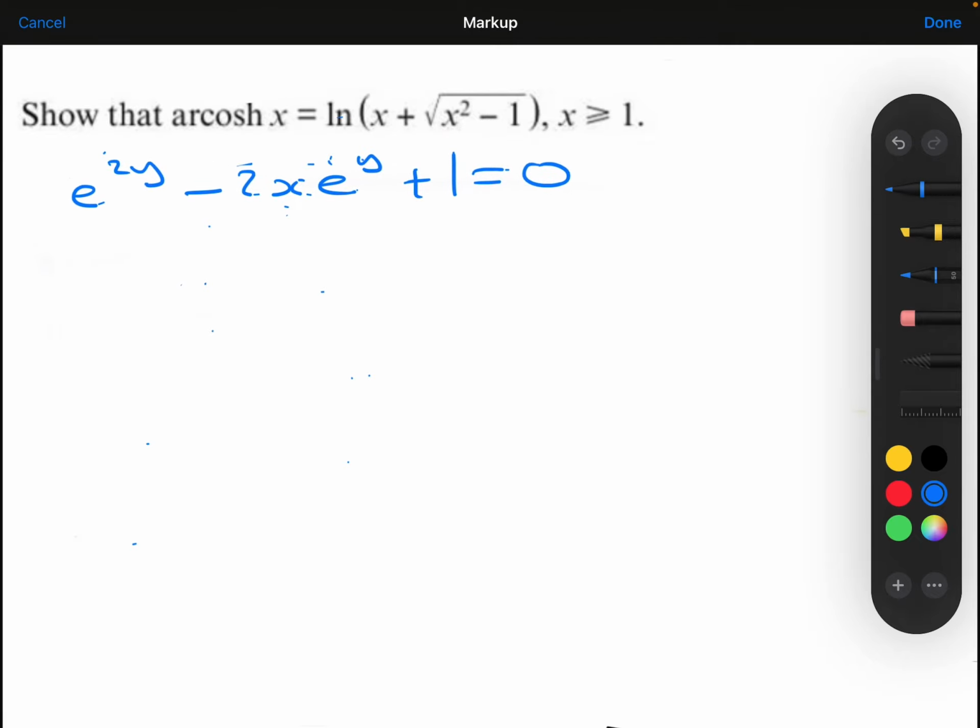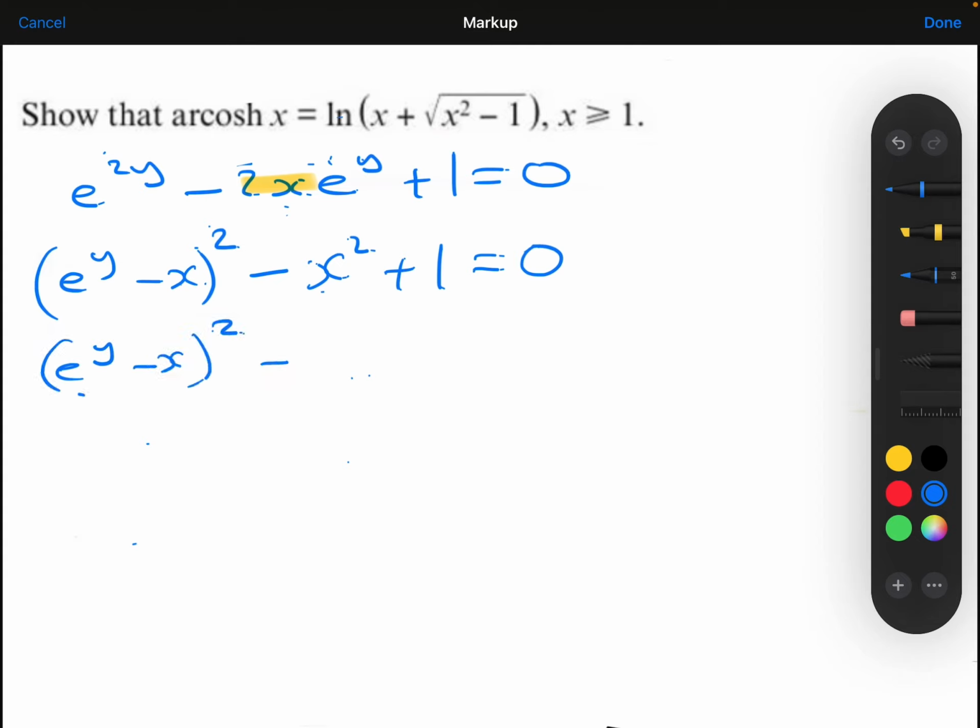So completing the square. We've got our e to the y at the front. I'm halving my coefficient there, so I'm halving the 2x to get x, all squared. Take away the x squared, plus 1 equals 0. Right, same idea as before.